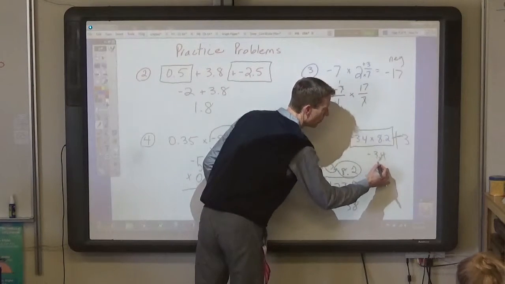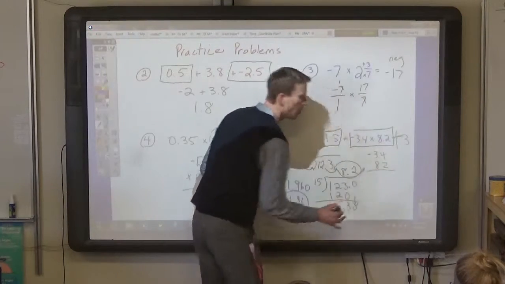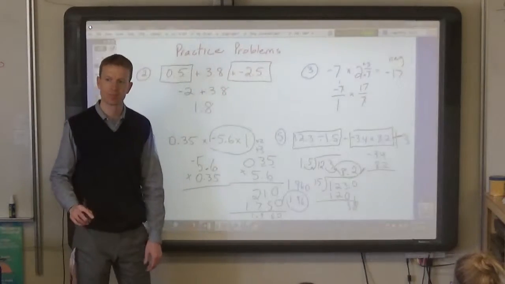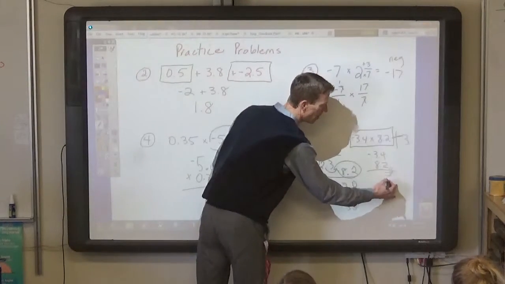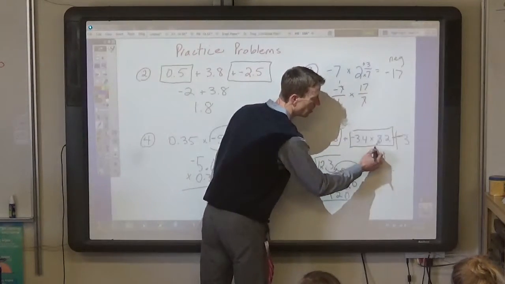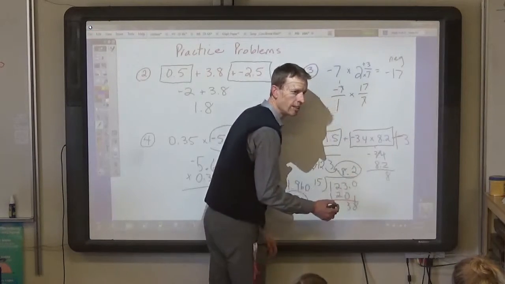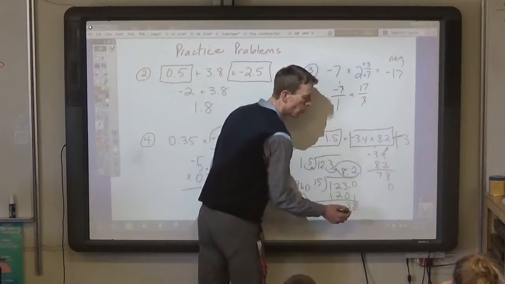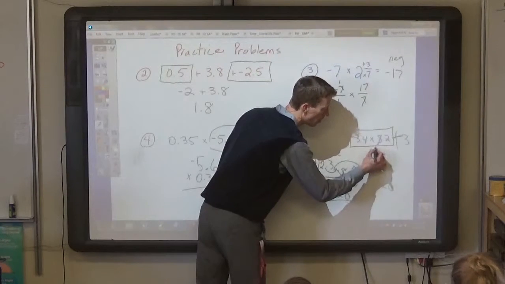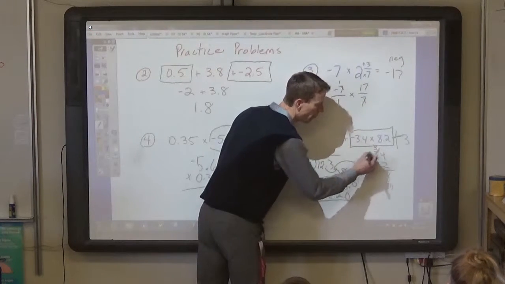Negative 3.4. What is that? Multiply 8. 2 times 3 is 6, plus 1 is 7. 8 times 4 is 32. 8 times 3 is 24.